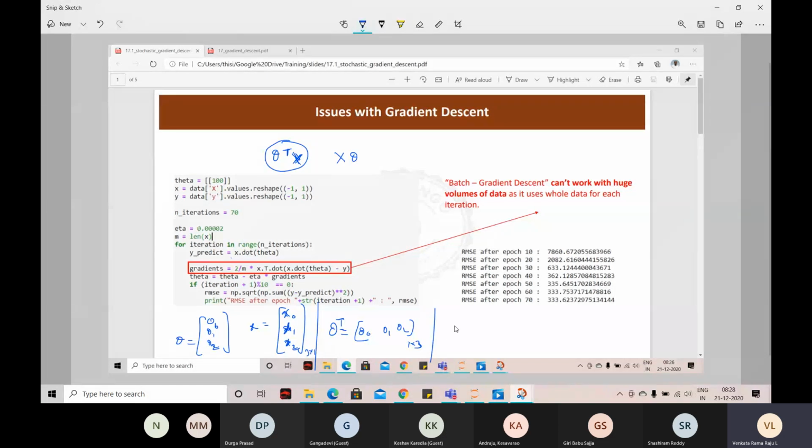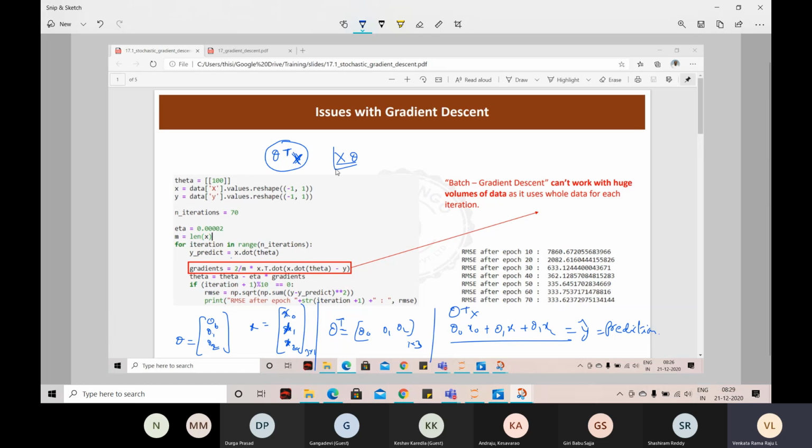When you multiply this, you get theta 0 x0 plus theta 1 x1 plus theta 2 x2. This is nothing but y cap, the prediction. Theta transpose X is prediction.